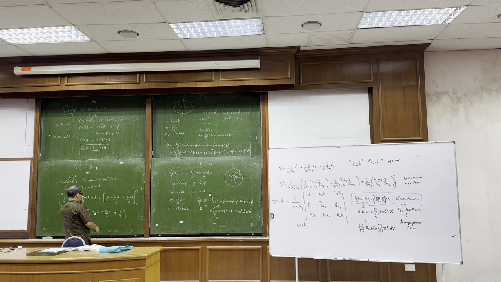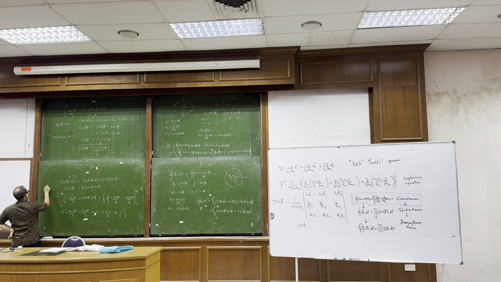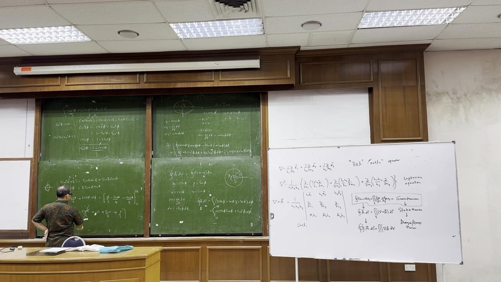Cos 0 is 1, and cos 4 pi is also 1. So 1 over 2 negative, plus 1 over 2, the answer is 0.